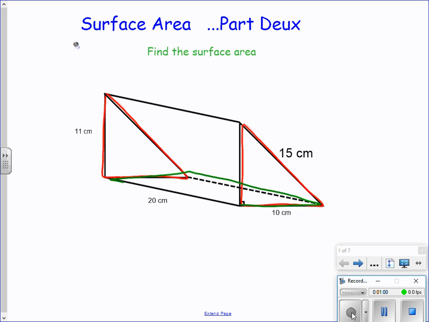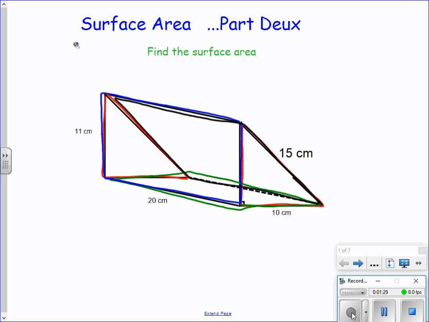It looks like a parallelogram, but that's just because of the three-dimensional shape here. The back panel is also a rectangle, vertical up and down. And then there is a giant one, the hypotenuse side, which is there, there, and there. So it's three big panels and then two triangles on the ends.